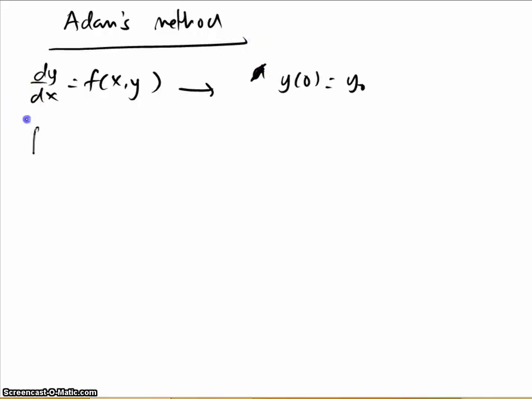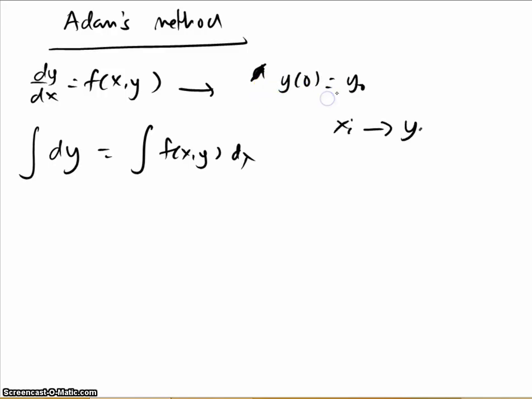I can integrate this to give me dy is the integral of f(x, y) dx. What the Adams method proposes is that suppose we know the value of x_i such that we can find the value of y_i. What we want to do is to find the value of y at x_{i+1}.